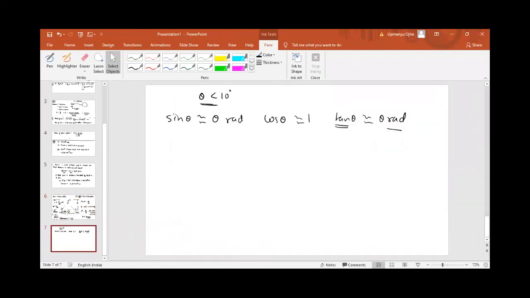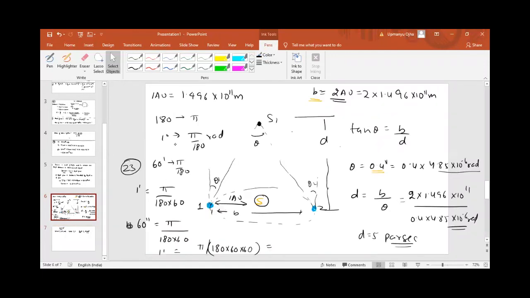Okay. 23 I'll explain again. See, this was the distant star S1. We are observing this star from the Earth. So we have observed this star from this point. Then after 6 months again we have observed. We found that the angle has changed.